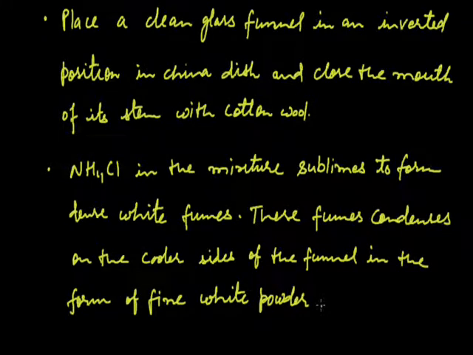When the mixture gives off no more white fumes, lift the funnel and scrape the fine white powder from its sides on a piece of paper. This is pure ammonium chloride. The residue left behind in the dish is sodium chloride. In this way, these two are separated.